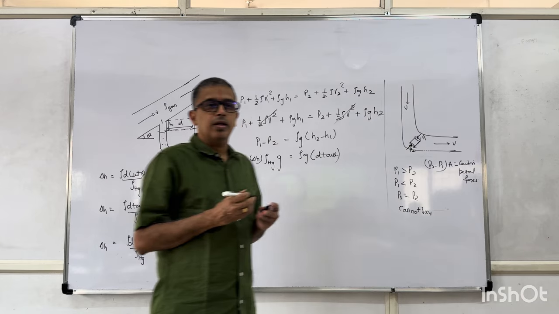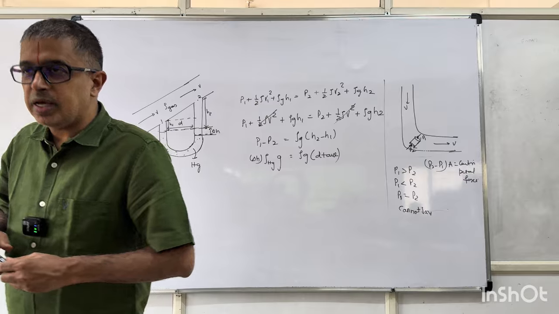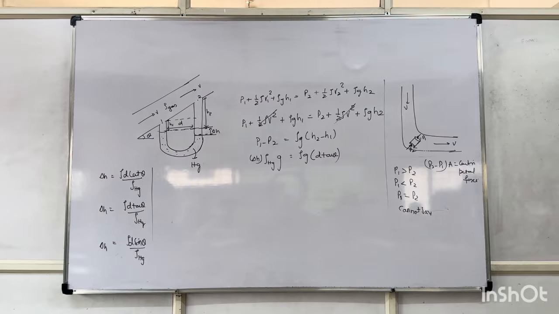P2 will be greater than P1. The tube is not in the vertical plane, it's in the horizontal. Tube is in the horizontal plane. 1 and 2 are at the same heights. Right? Make a note of that, that's also important.